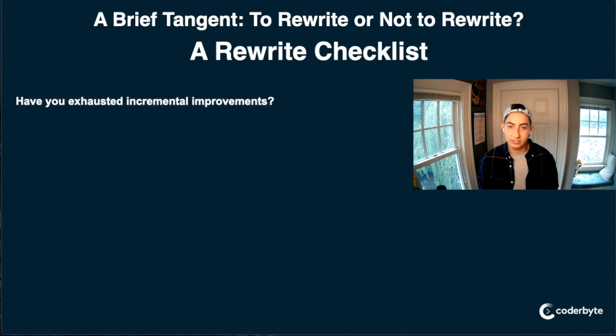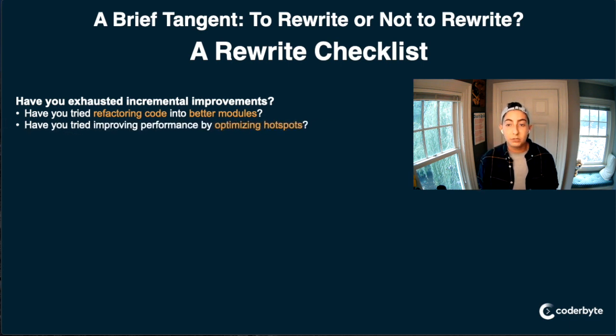The first question: have you exhausted incremental improvements? Have you tried refactoring the code into better modules? Have you tried to just change what you have and make what you have better and easier to reason about? Have you tried improving performance by optimizing hotspots?